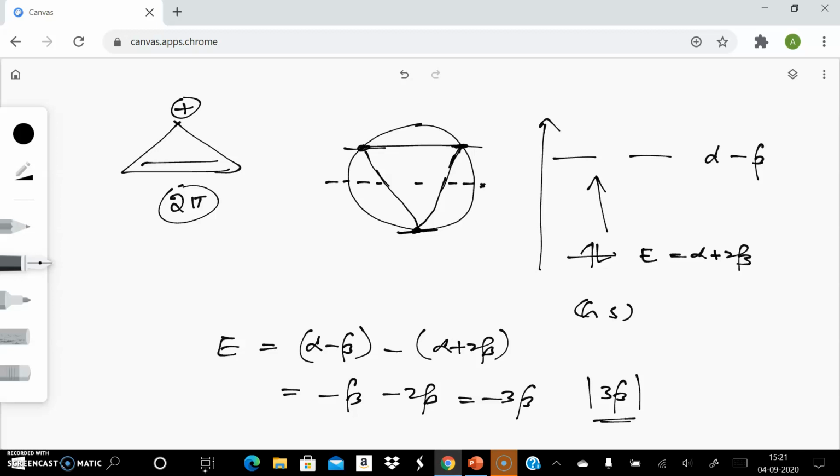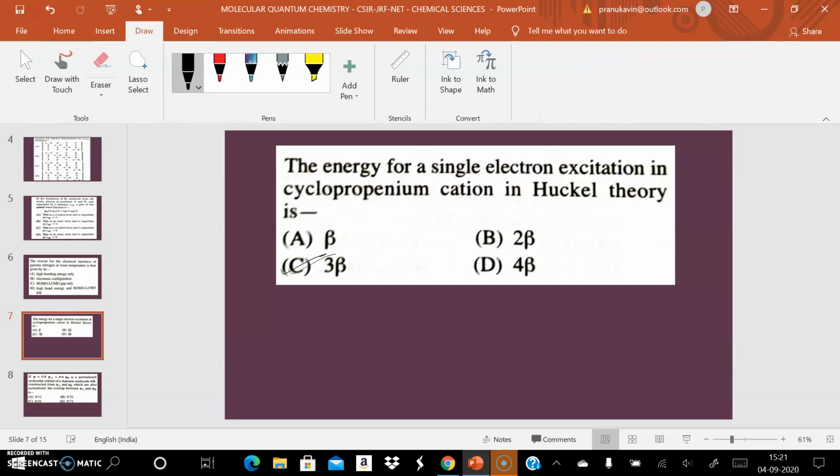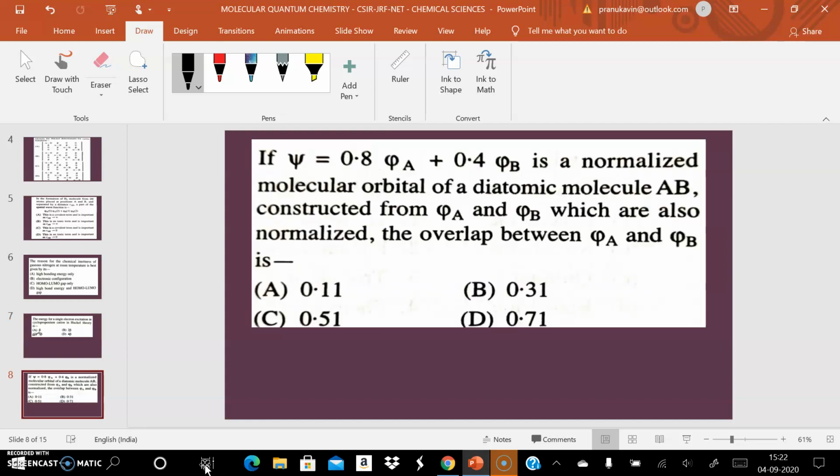So the energy required for the transition in the cyclopropenium cation is actually 3 beta according to Huckel theory. So the correct option is C. The energy of the single electron excitation is 3 beta. Then I'll go to the next question.